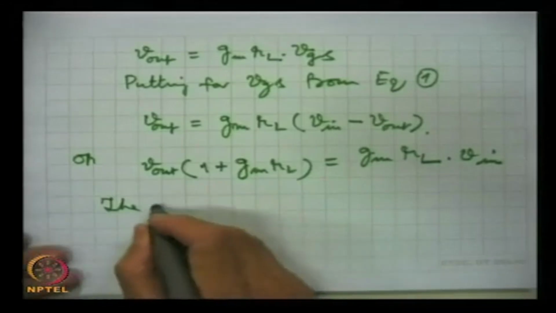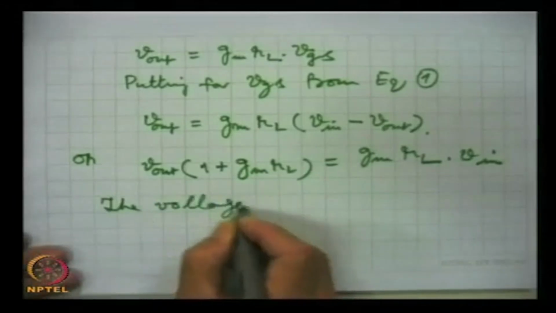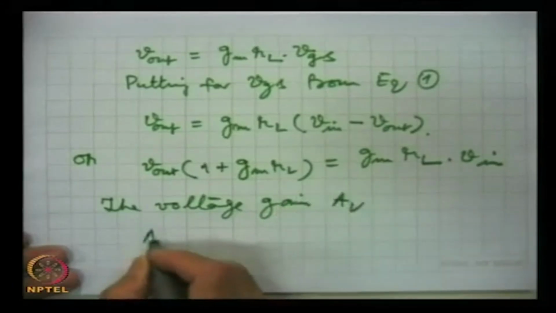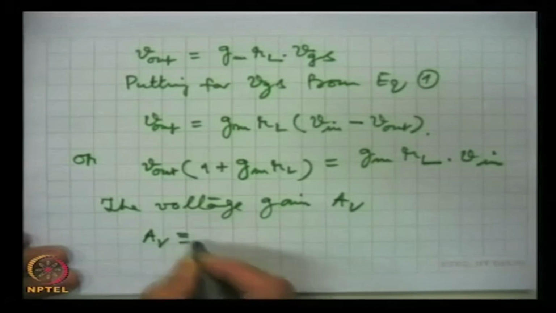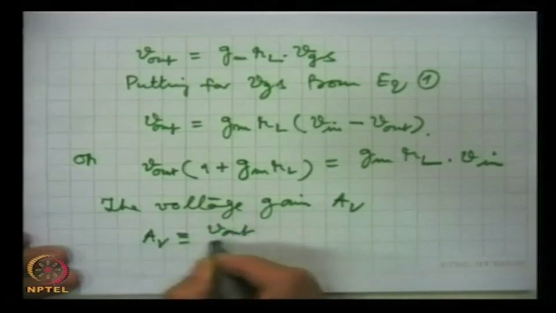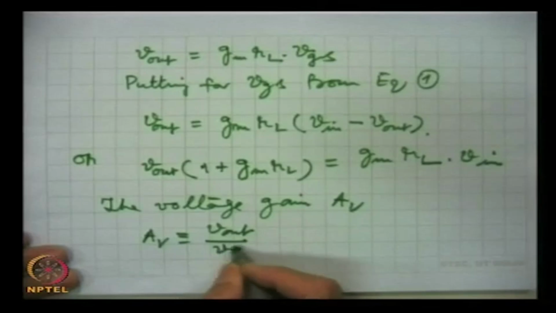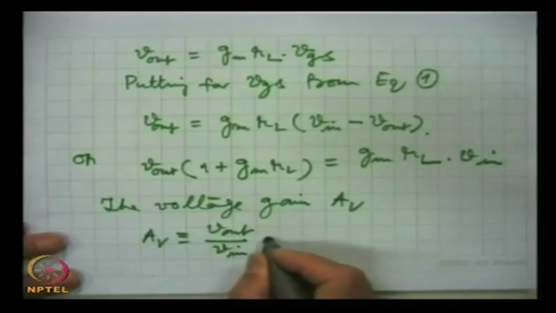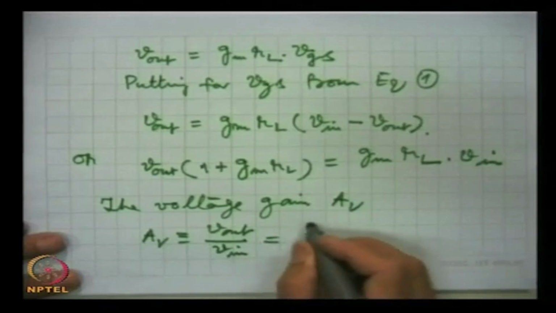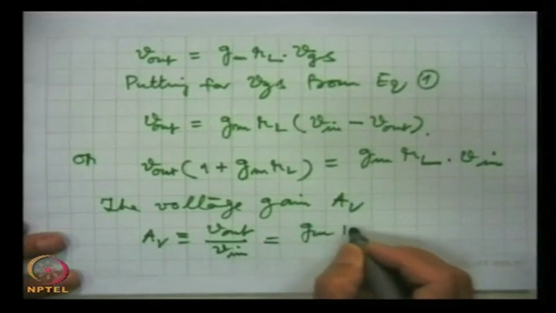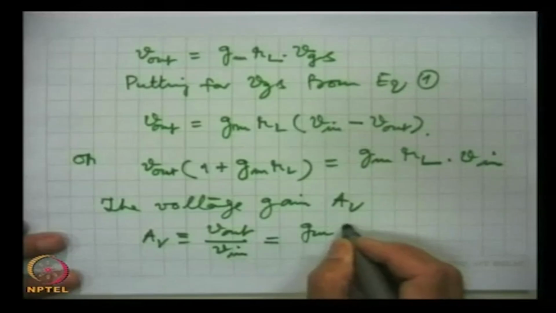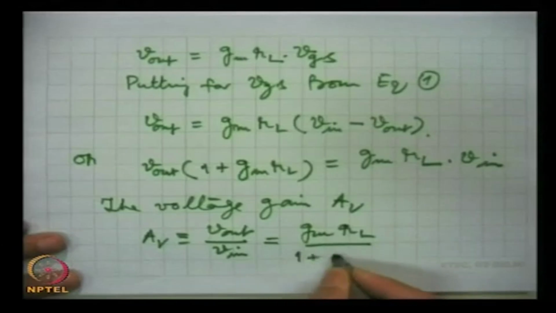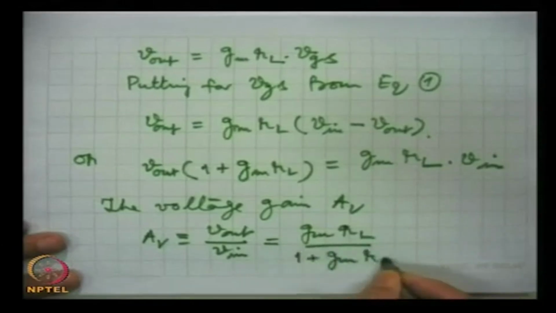So, the voltage gain AV by definition is V out by V in, and this is equal to GM RL by 1 plus GM RL.